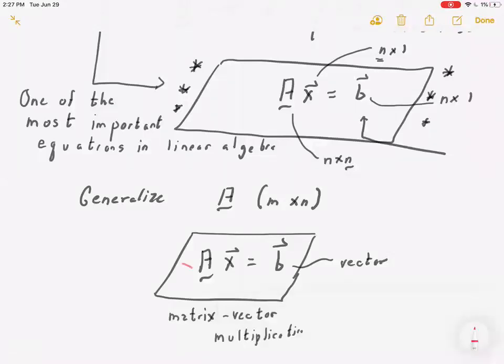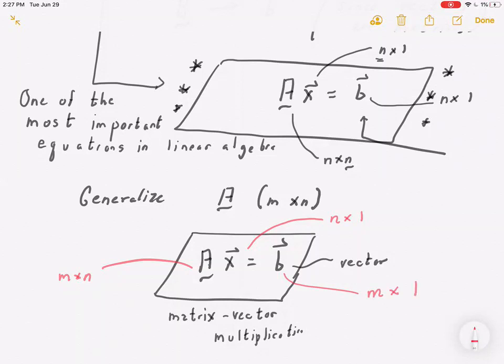And again, I'm doing this in the most general case. I could let A be a matrix that has M as in Michael rows and N as in Nancy columns. Then the vector X has to have N as in Nancy rows and 1 column. And then the rules of matrix multiplication tell me that the vector B must have M as in Michael rows and 1 column.